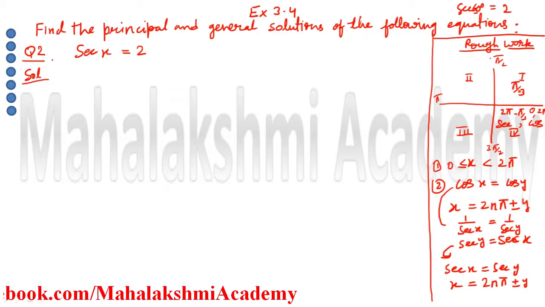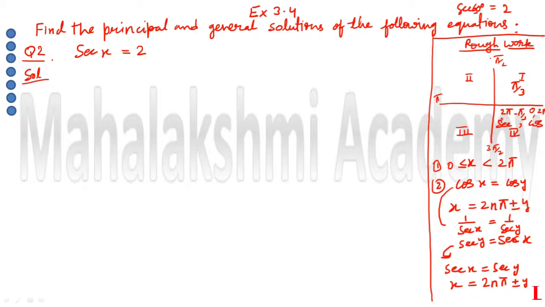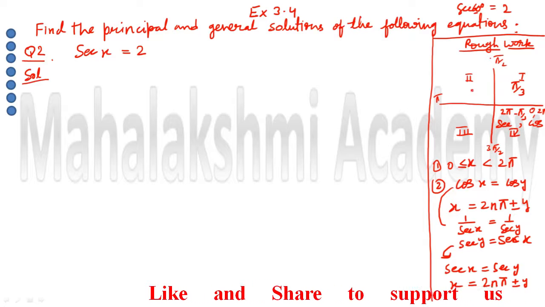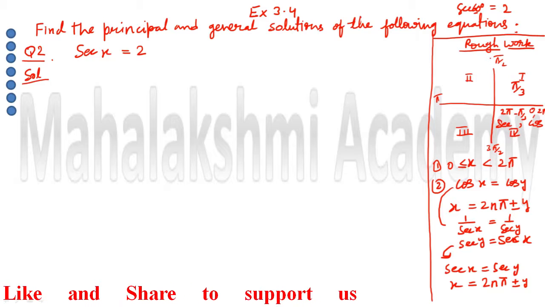So pi upon 3 belongs to the first quadrant, and after concluding which angle is in the first quadrant, we have to think in which of the remaining 3 quadrants sec is positive. In the remaining 3, sec is positive in the fourth quadrant. Now to reach the fourth quadrant, we have to do 2 pi minus, because if we do 2 pi minus, we move back. Like this the angles are increasing, they are increasing from here like this.